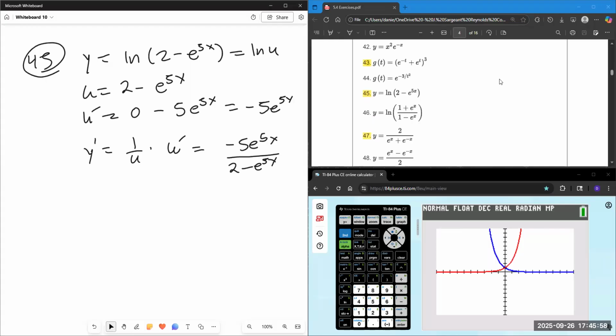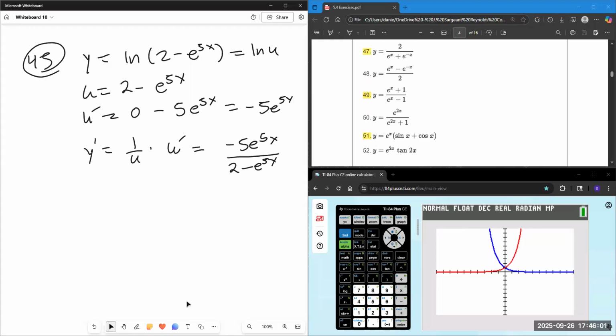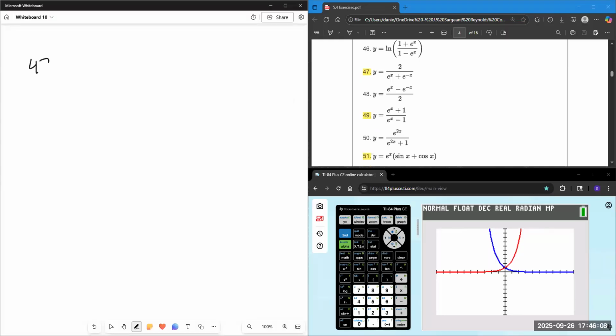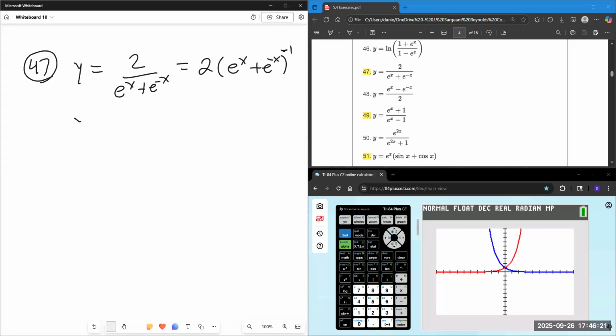Moving on now to number 47. Y is equal to 2 over e to the x plus e to the negative x. I'll make this 2 times e to the x plus e to the negative x raised to the negative first power. And call this y equals 2 u to the negative first, where u is equal to e to the x plus e to the negative x.